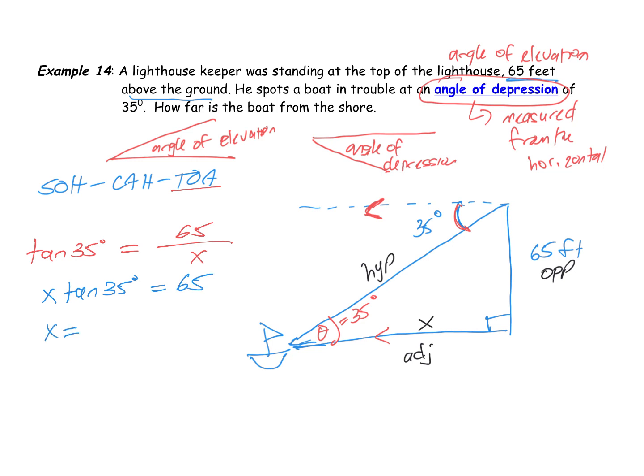To isolate x, divide both sides by tangent 35. So x is equal to 65 divided by tangent 35. If you enter that into your calculator, you'll find it's 92.8 feet. So the boat is 92.8 feet from the shore.